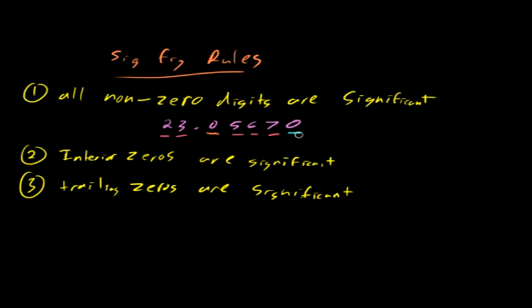If this trailing 0 wasn't significant, we would have just written this number as 23.0567, and we wouldn't have put that 0 on. But because that 0 is there, this trailing 0 is going to be a significant figure.